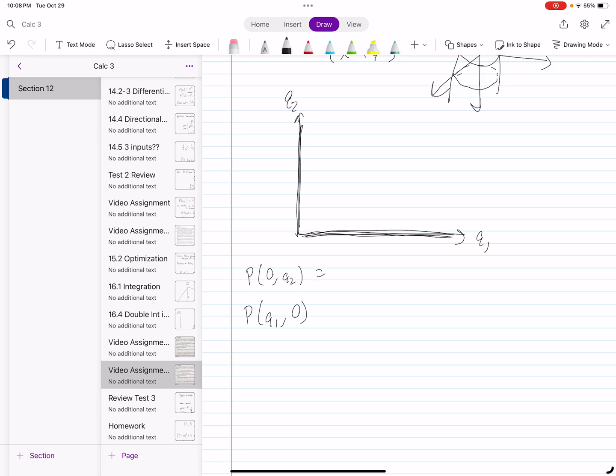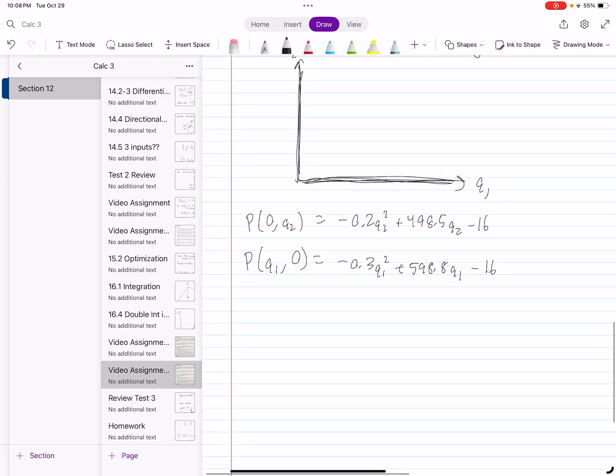So plugging these in, you get negative 0.2 q2 squared plus 498.5 q2 minus 16 for the top function, and negative 0.3 q1 squared plus 598.8 q1 minus 16. And it wants us to find any critical points and then global minimum or maximum from these functions.